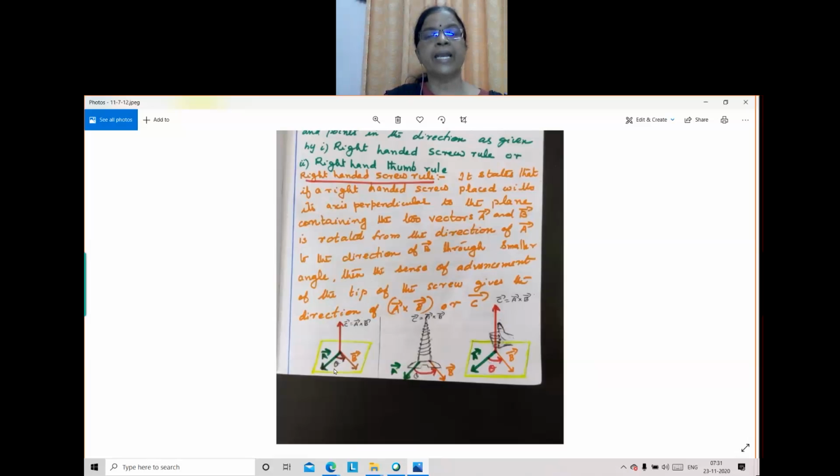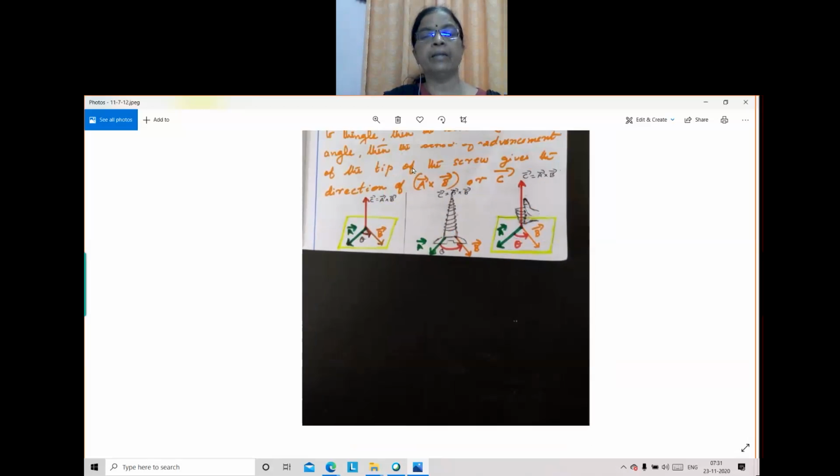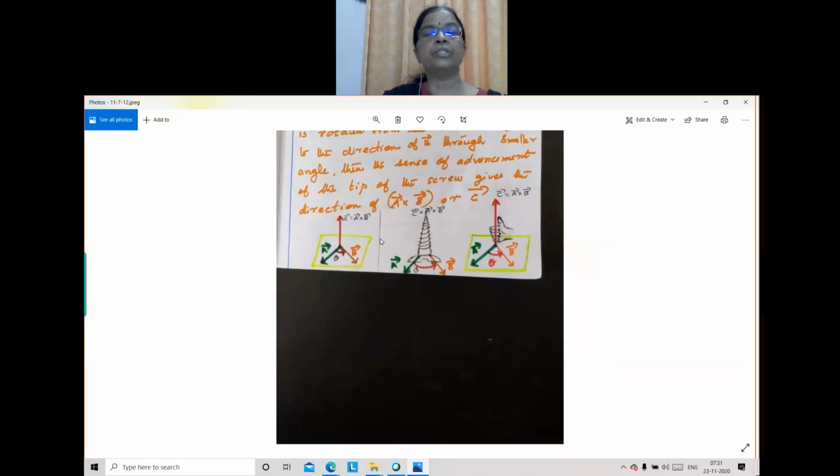Because of its direction. Cross product, I told you, is a vector. And in order to know the direction of the vector, we have to use the corkscrew rule, the right-handed corkscrew rule, or the right-hand thumb rule can also be used. So what is the magnitude, children? What is A cross B?